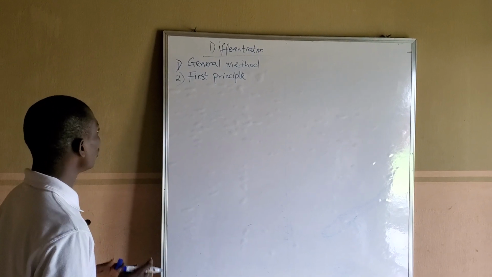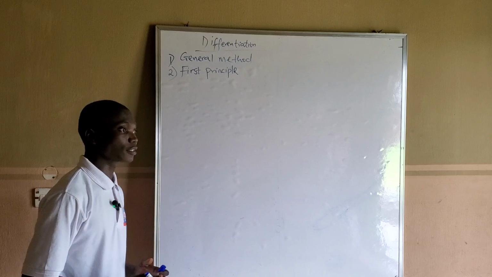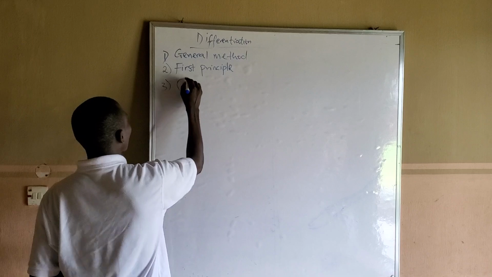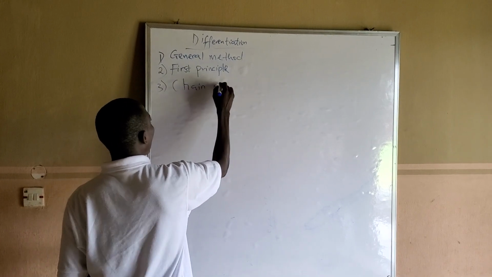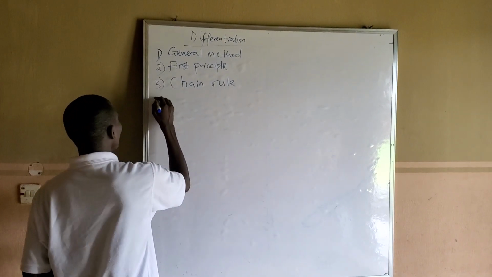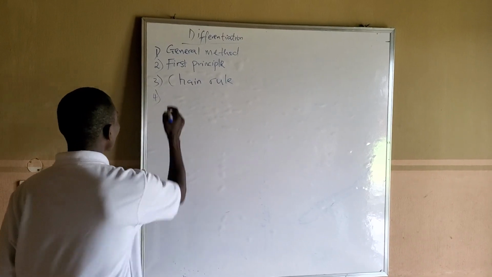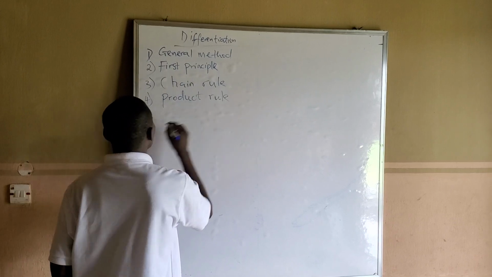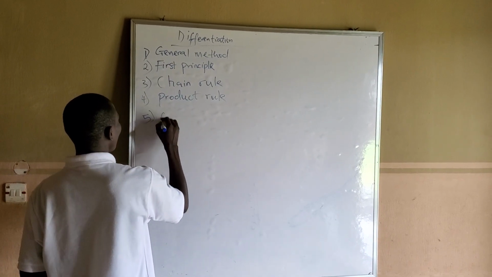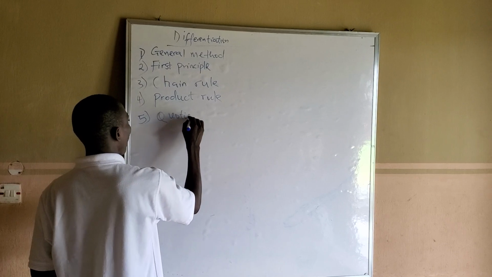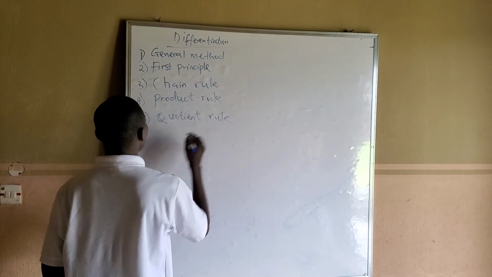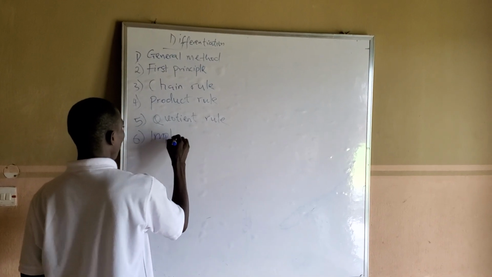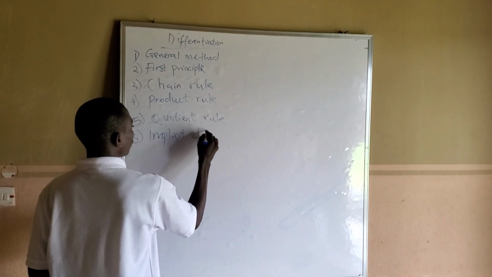The third one is using the chain rule, often known as functions of a function. The fourth one is using the product rule. The fifth is the quotient rule. And the sixth is the implicit differentiation.